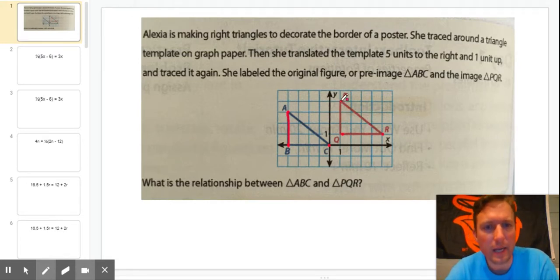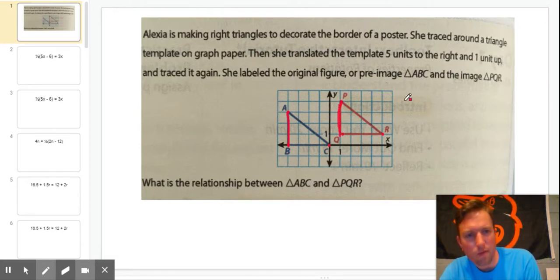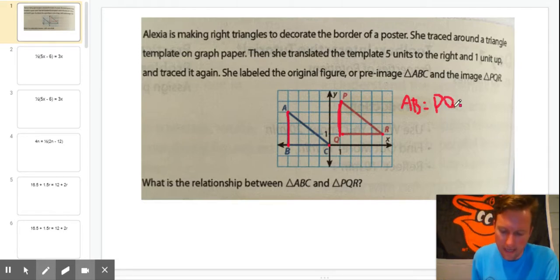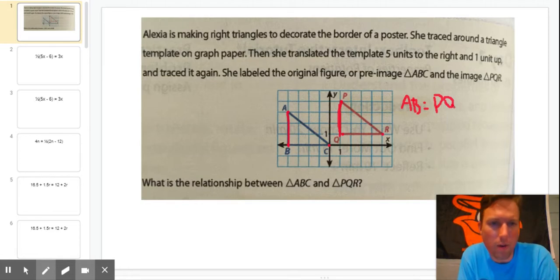Well, yes, it would be PQ. So you could write line AB is equal to PQ. Excellent. Another thing that you could say is they are congruent. They have the same length.